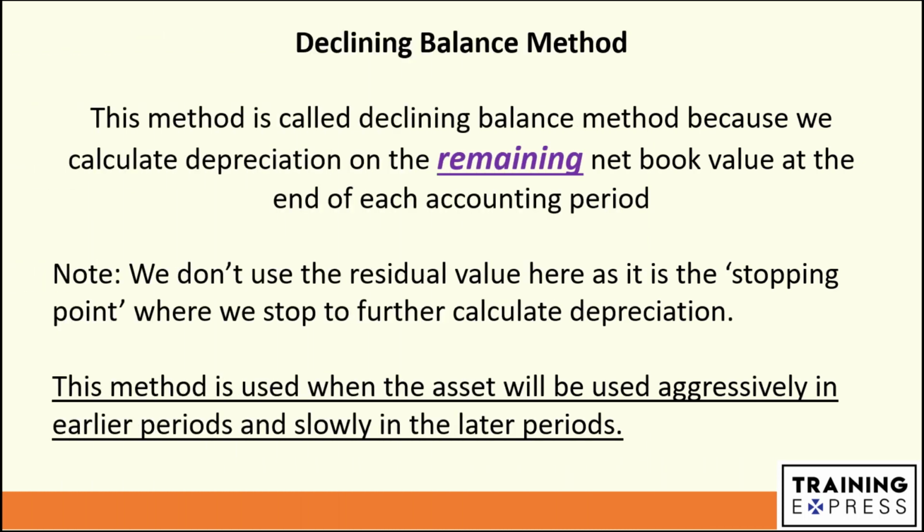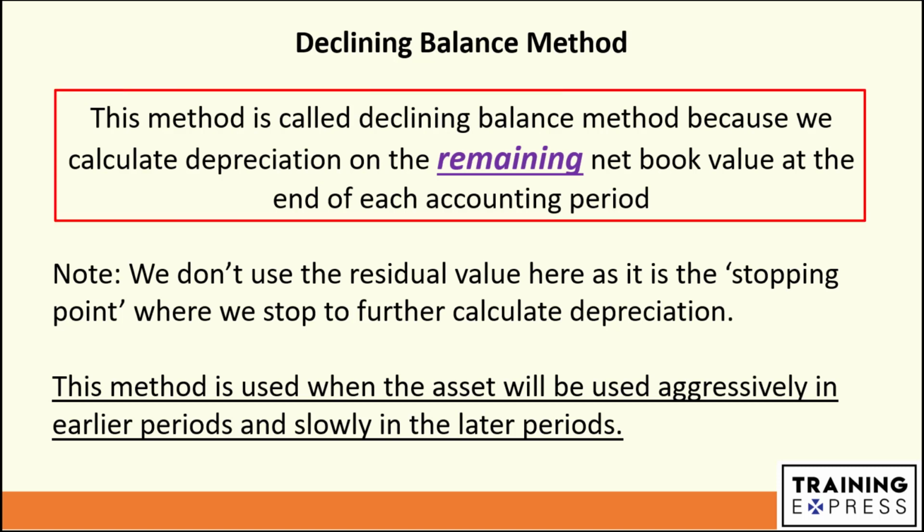Let's look at the second method of depreciation, declining balance method. This method is called declining balance method because we calculate depreciation on the remaining net book value at the end of each accounting period.